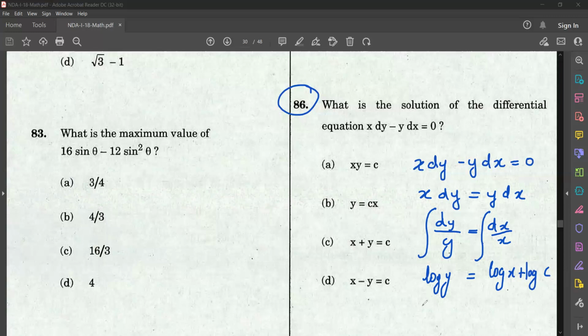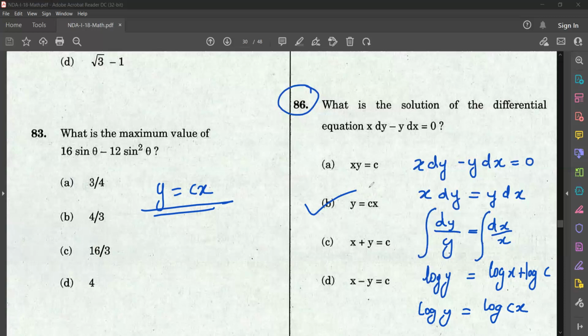Log y is equal to log x plus log c, which can be combined as log cx. Removing log from both sides, you will get y is equal to cx. That is option B, the correct answer.